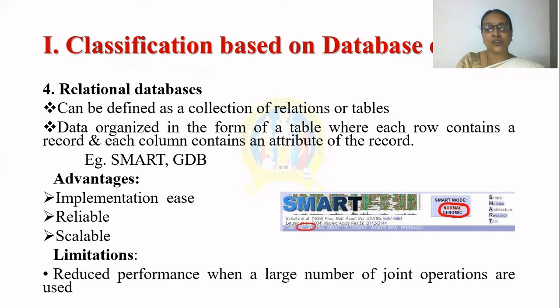The advantages of the relational database design are that its implementation is very easy. It is a reliable design. The design is quite scalable when enormous data is available. The limitations are also there. We find that there is reduced performance when a large number of join operations are used.